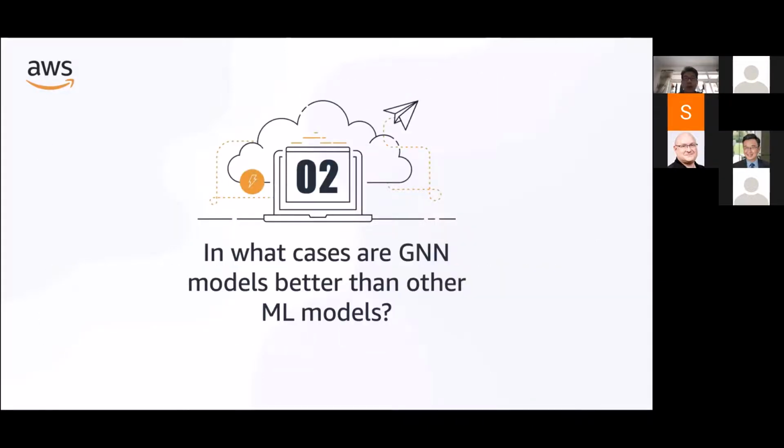Even if we have a good graph with enough information, I commonly get this kind of question. Our customers have been using machine learning models in their business case, and they normally ask me, in what case are GNN models better than other machine learning models, other than the graph itself?